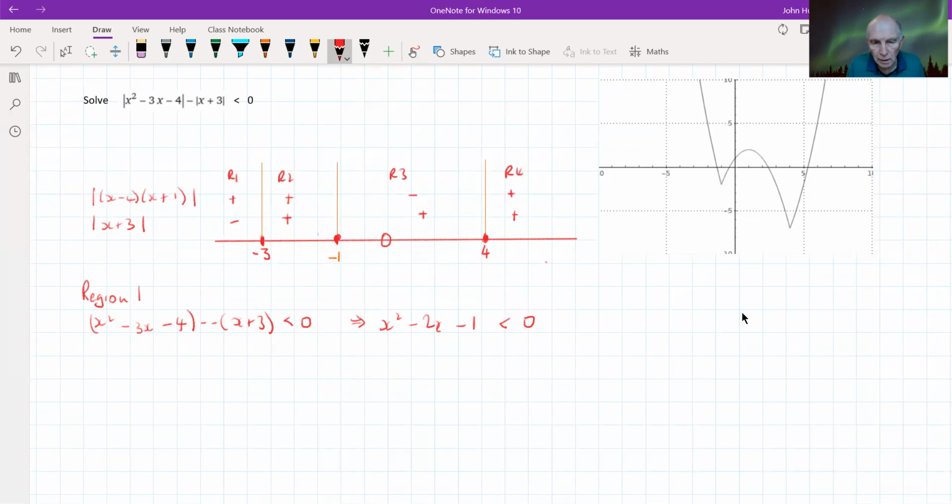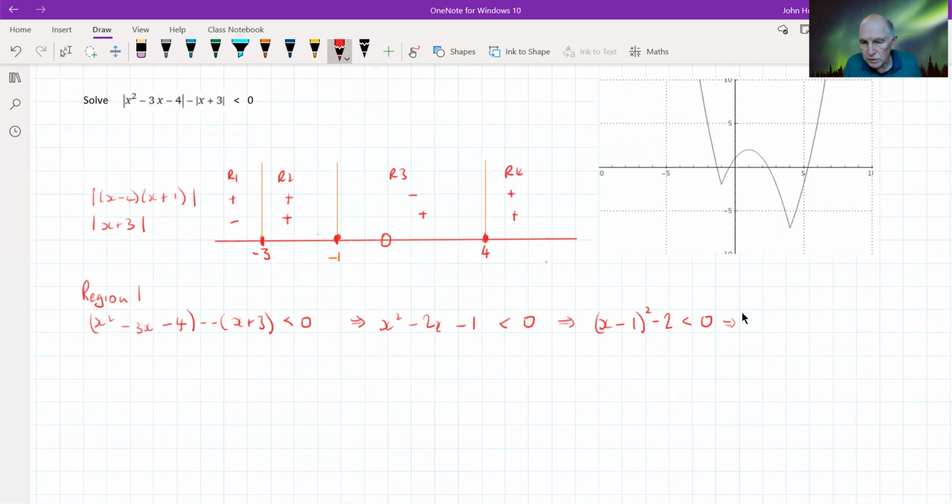So as in the above example, what I'm going to do to resolve that, because that doesn't easily factorize, is let's have a look at this. x minus 1 squared minus 2 is less than 0. That's what that gives us. And therefore, we can take the 2 cases out of this.